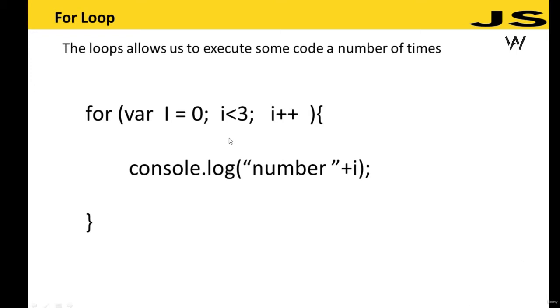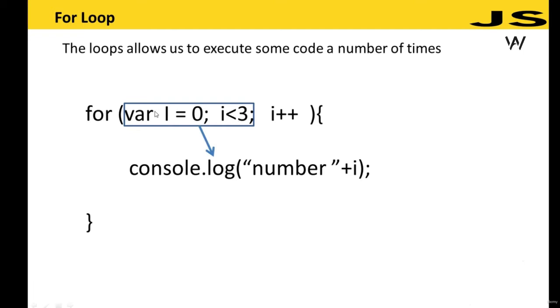In the first execution, we only care about these two lines, because we care about this first value. We initialize a variable i equal to 0 and we check if this variable i is less than 3. Great. And directly we execute the code.